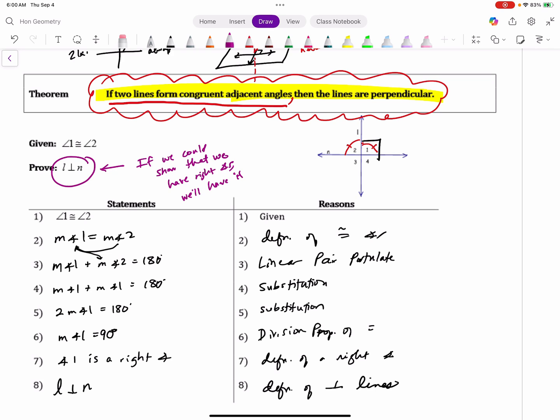It's like, okay, what am I trying to prove? Well, what would be the step before that? And I wrote another note over here. And I was like, okay, then the step before that would have been if we could show the measure of one angle being 90 degrees.